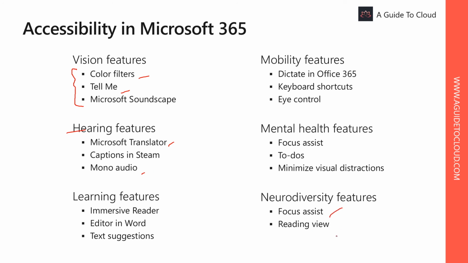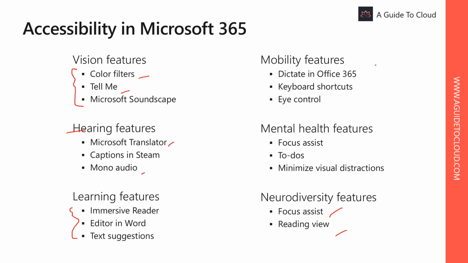Neurodiversity offers a few tools like Focus Assist and Reading View. Focus Assist blocks alerts and notifications so you can get things done without any distractions. Use Reading View to clear distracting content from web pages so you can stay focused on what you want to read. For learning, you can use Immersive Reader, Editor in Word, and Text Suggestions.